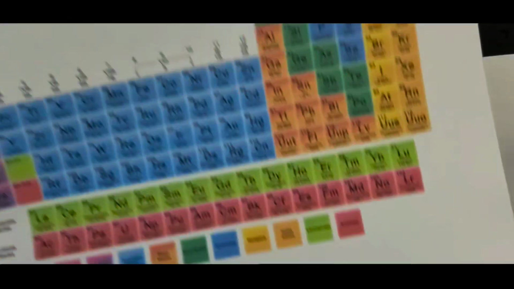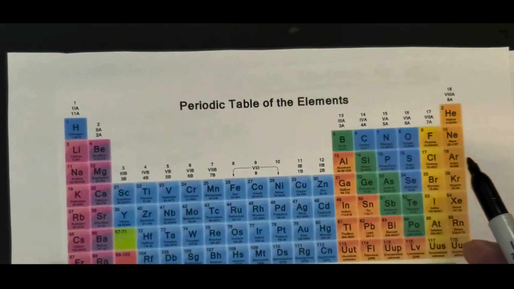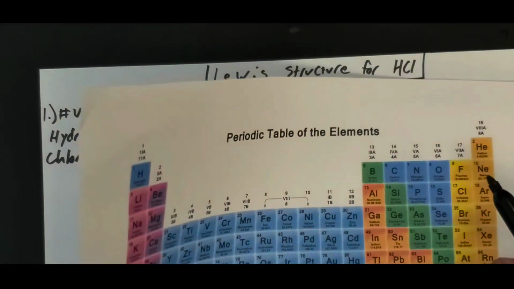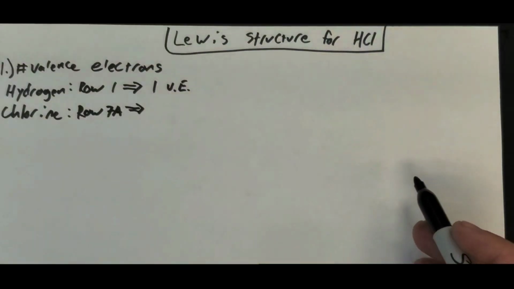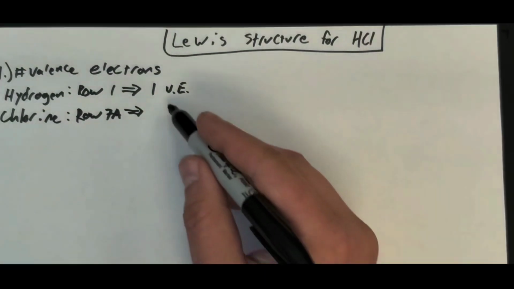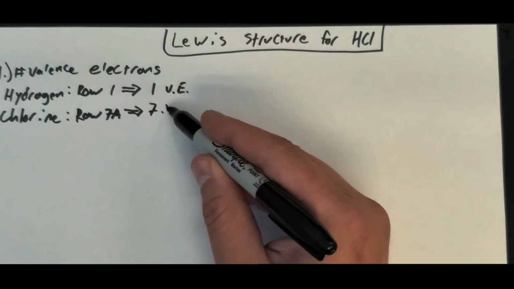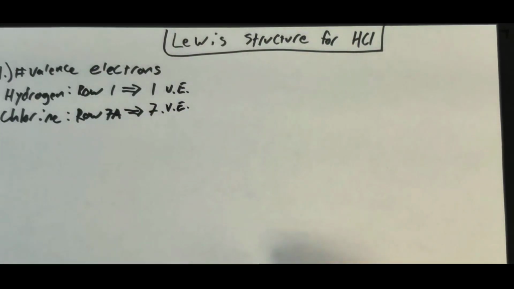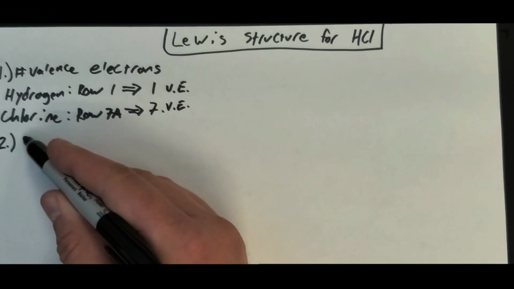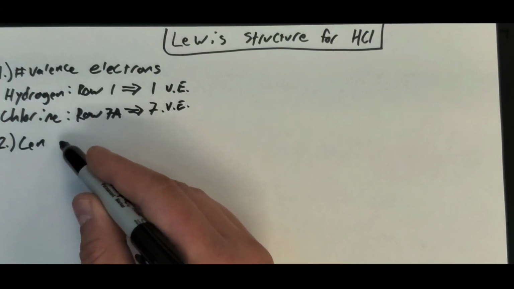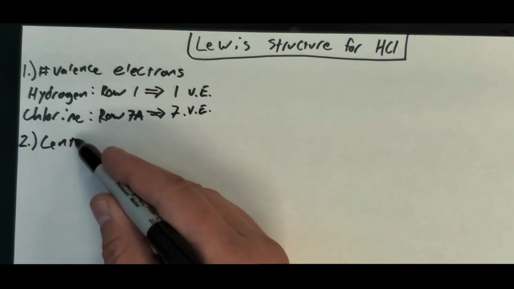Since chlorine is on column 7, we know that it has 7 valence electrons. And now we need to figure out what the central atom is.